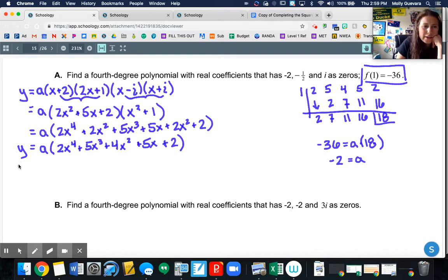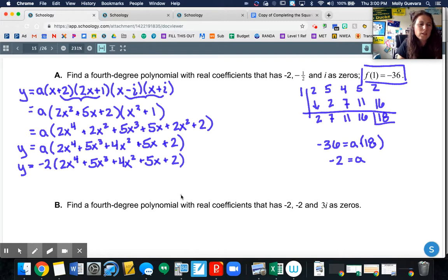So now I can say that y is equal to negative 2 times all of this, 2x to the 4th plus 5x cubed plus 4x squared plus 5x plus 2. And then last, but definitely not least, now I can just distribute the negative 2, and I'll have my equation.